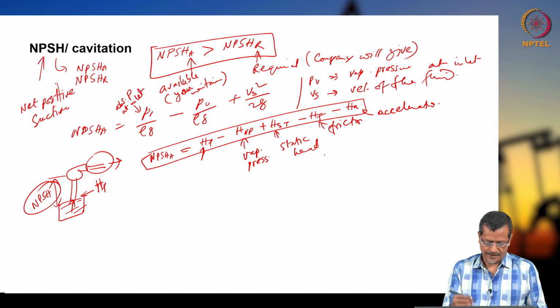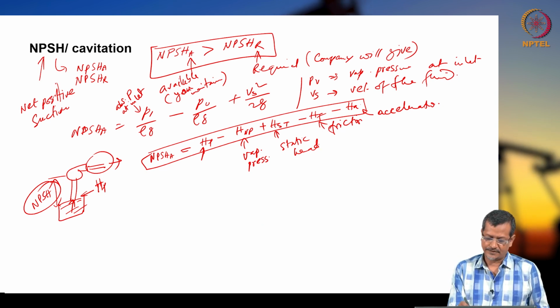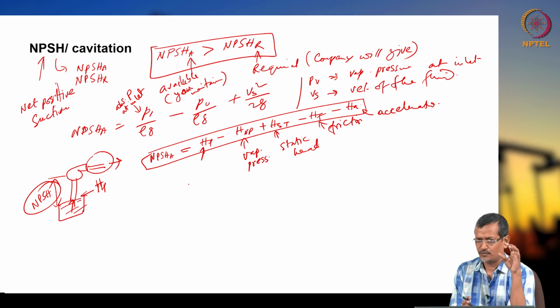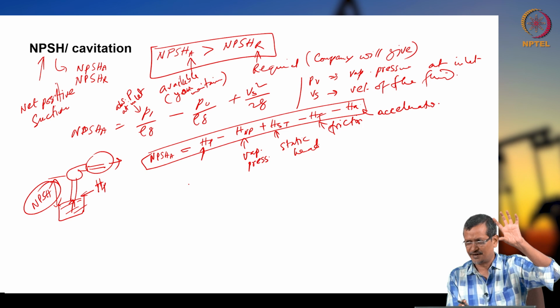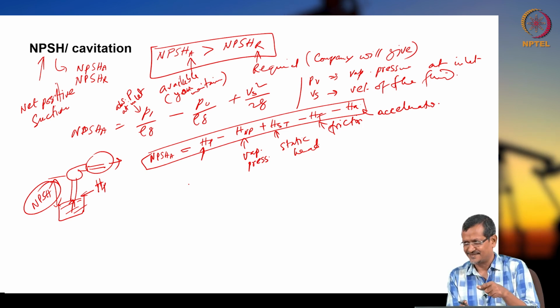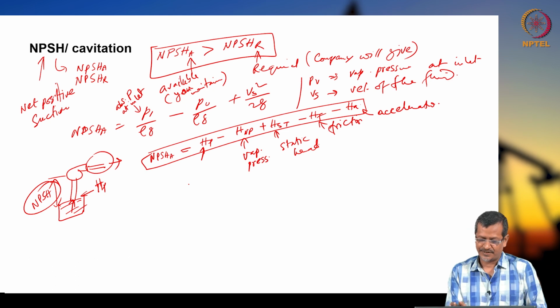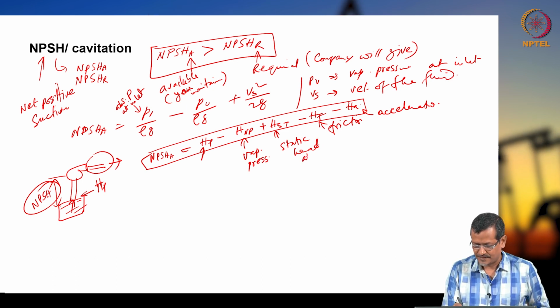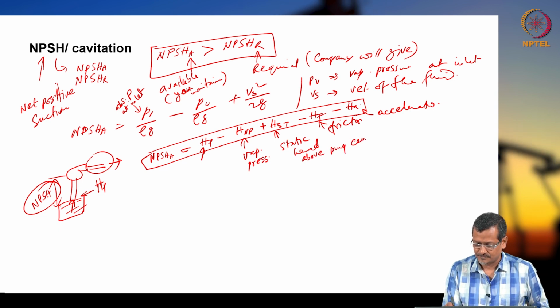The static head is plus if your water level height is above the pump: the pump is here and the water level is here, so that will be static head and it will be added. But if it is below the pump, then it will be minus. So the static head is measured above the pump center line.